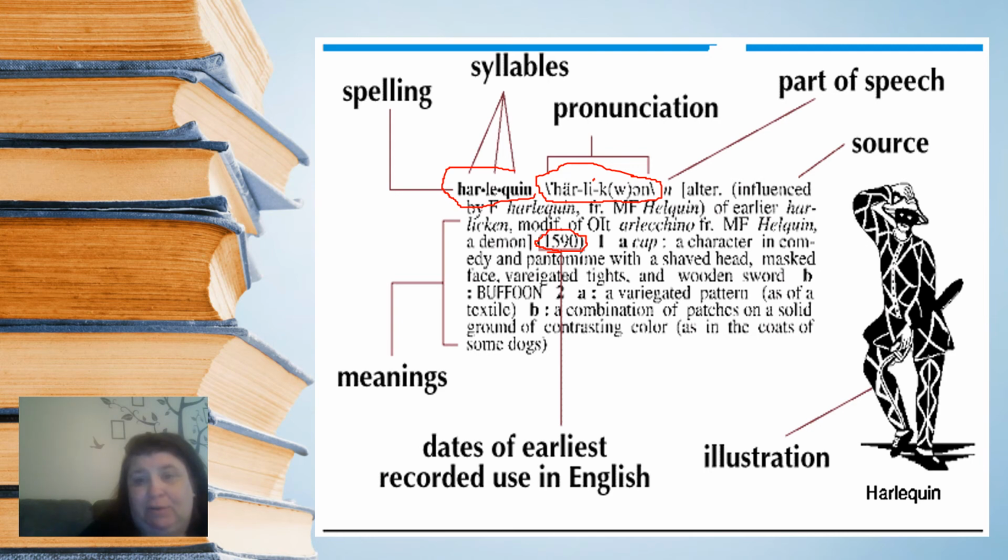Then it goes into giving us our various meanings of the word. And so you see that it's got multiple meanings. And then this source actually gives us an illustration as well. So as you can see, there's a lot we can learn from looking at a dictionary entry, and they can be full of a lot of information that can help us to figure out whatever our needs are at that time.